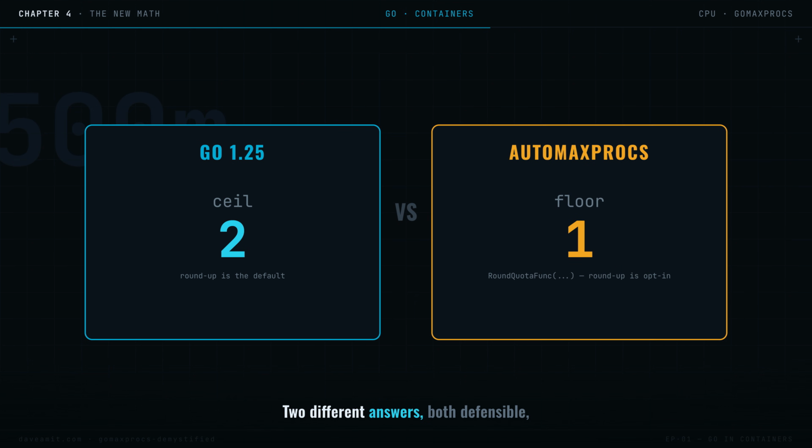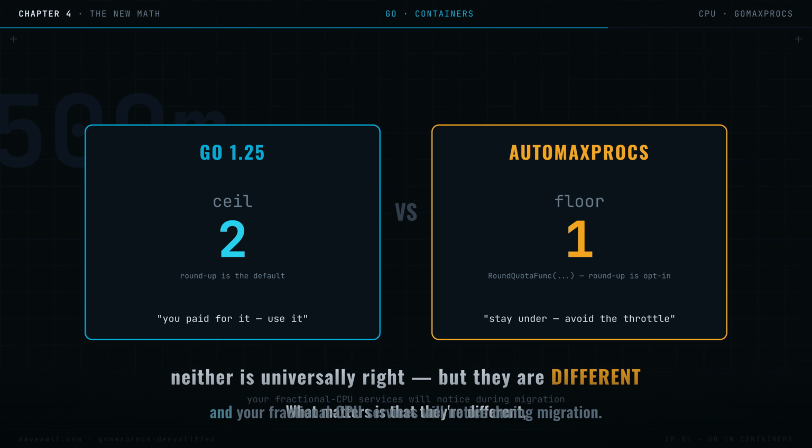Two different answers, both defensible, both slightly smug about being the obvious choice. Go says you paid for that half CPU, so use it. Uber says stay under the quota and avoid the throttle. Neither is universally right. What matters is that they are different, and your fractional CPU service will notice during migration.